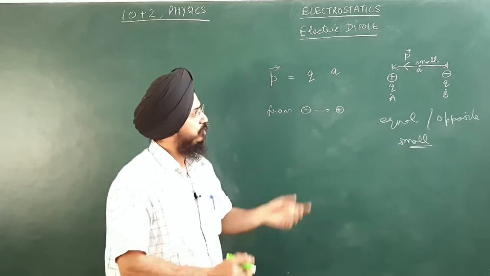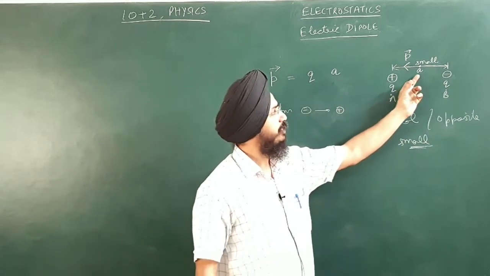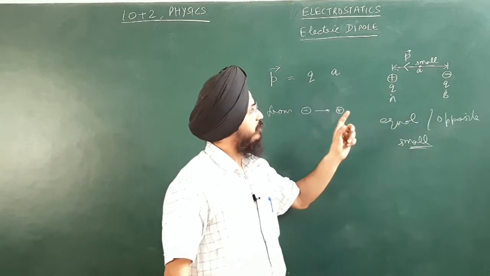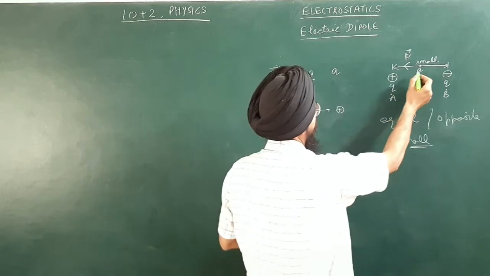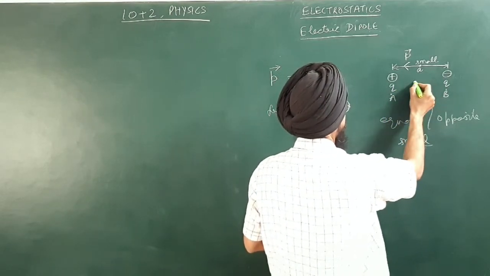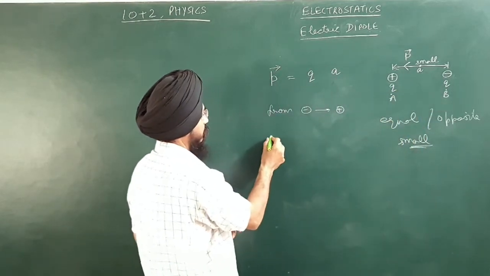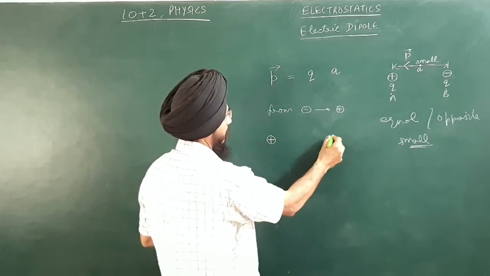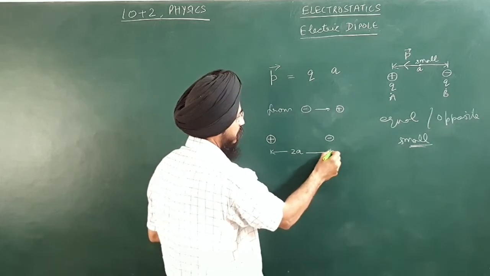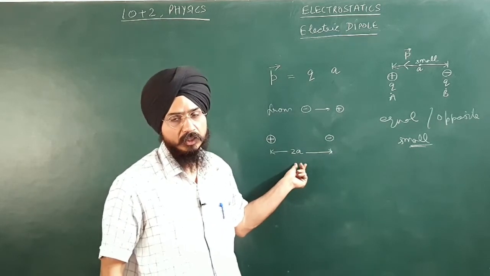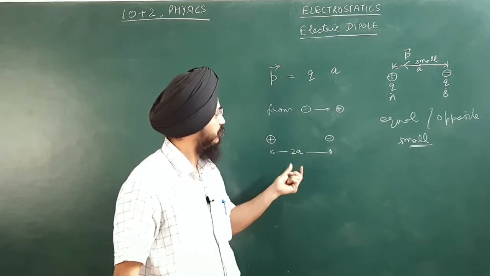Generally the small distance which we have taken here as a is taken as 2a. So why is it taken as 2a? The distance is generally taken as 2a, or in some books it is written as 2l. So why is it taken twice?